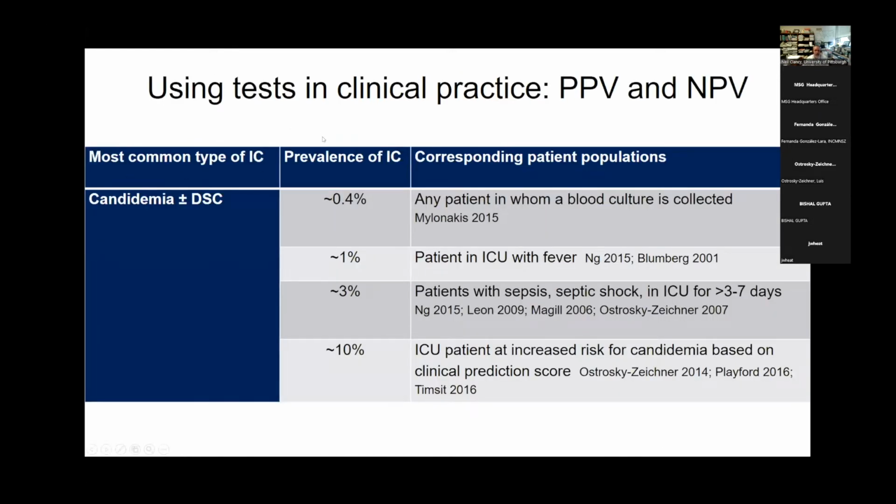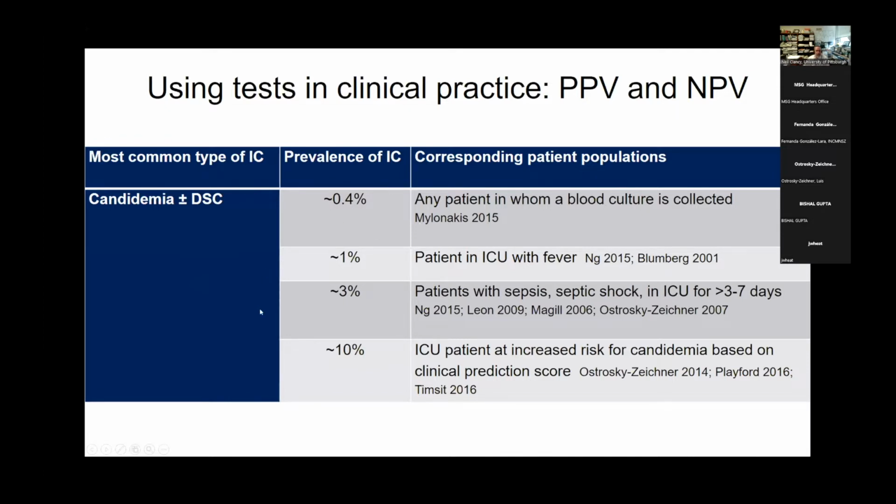So when we actually use tests in clinical practice, we're not so much interested in sensitivity and specificity as reported in the literature as we are in positive and negative predictive values. What's nice for candidemia and deep-seated candidiasis, such as abdominal candidiasis, is we know from various studies over the years in given patient populations what the rough prevalence of invasive candidiasis might be.